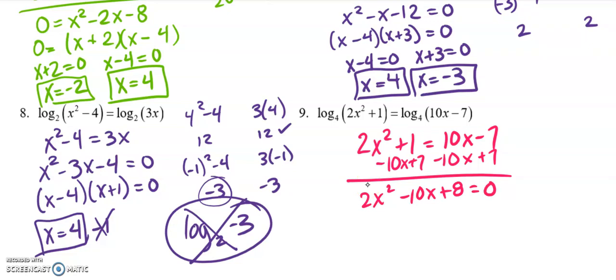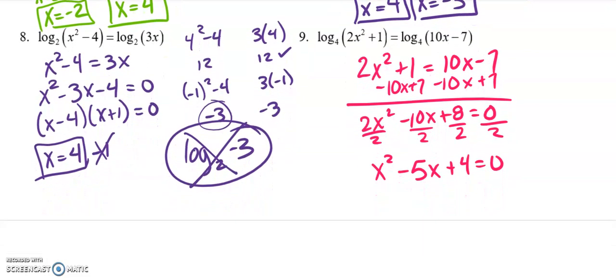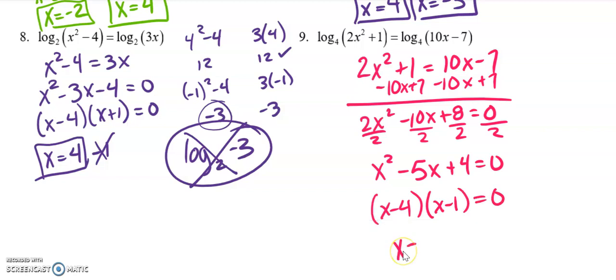I notice I can take a 2 out of all of those numbers, so I'm going to divide everything by 2. Why? Because then my numbers are smaller. This is way easier to factor. So when I factor, I get x minus 4, x minus 1 equals 0. So x equals 4 or 1.